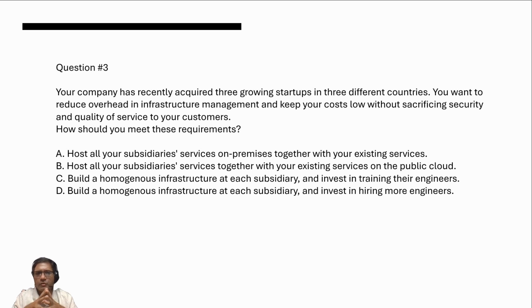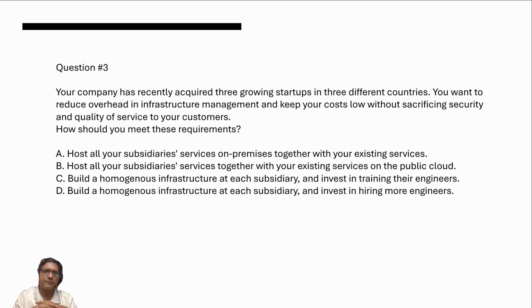Option A, host your subsidiary services on-premise together with your existing services. Option B, host all your subsidiaries' services together with your existing services on a public cloud. Option C, build homogeneous infrastructure at each subsidiary and invest in training their engineers.